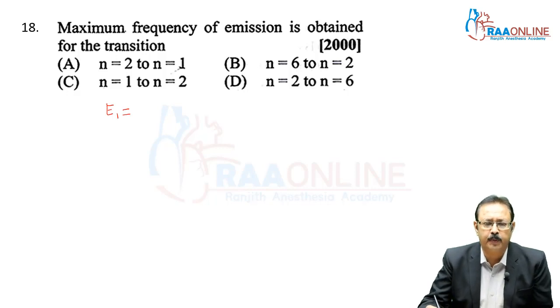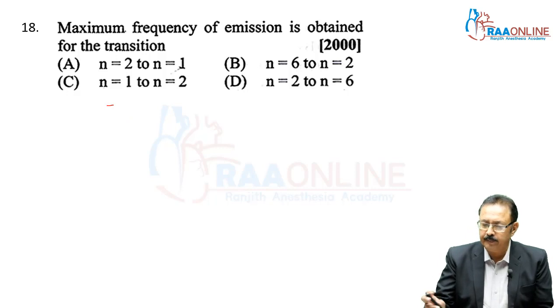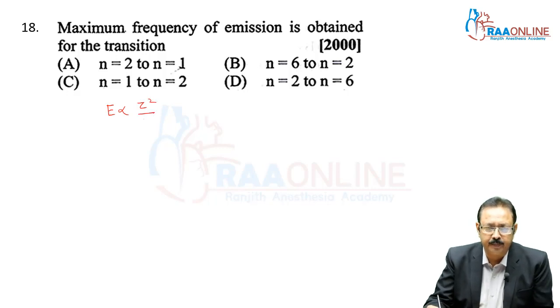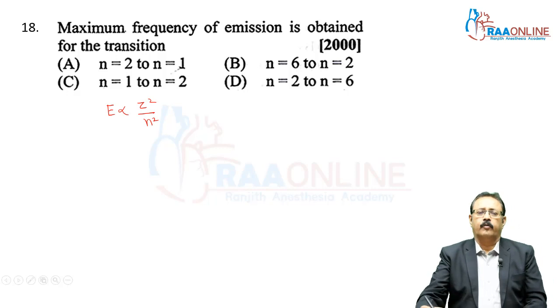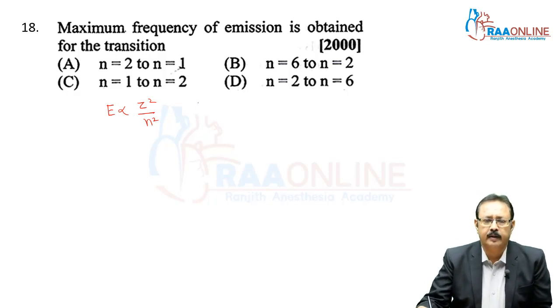So energy is proportional to Z square by n square. For a particular element, E is proportional to 1 upon n square.